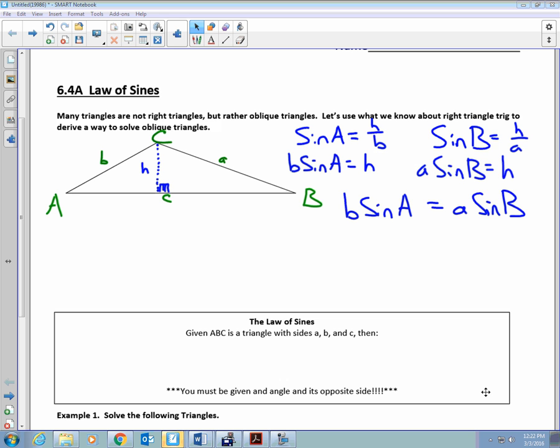So that's why we try to eliminate H in our formula. The very last thing I'm going to do is divide both sides by AB. If I divide both sides by AB, you can see that the B's cancel. See that here the A's cancel. And so I get the sine of A over A is equal to the sine of B over B.